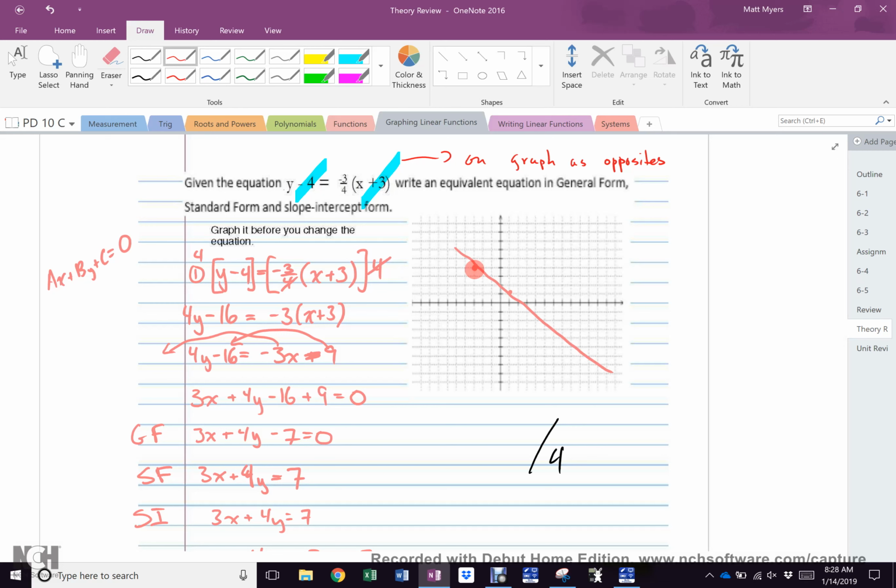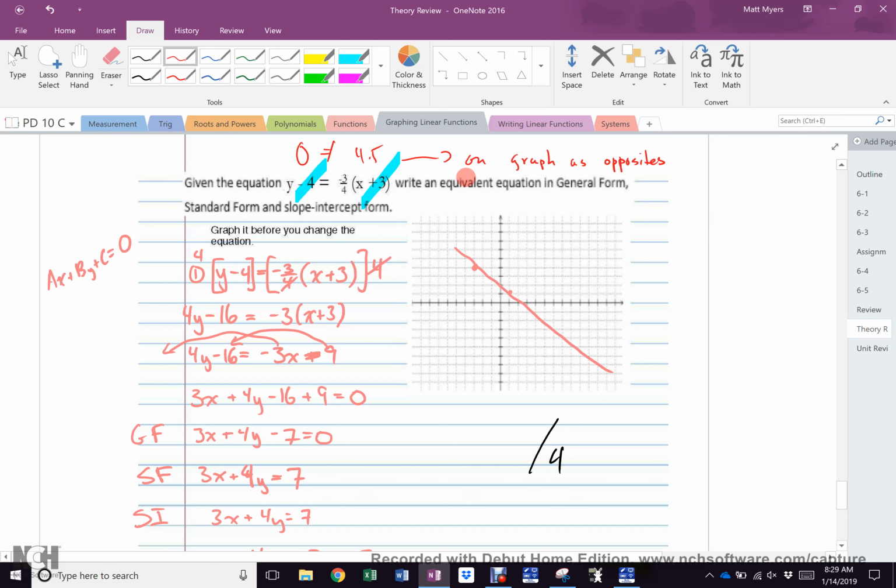And if you cannot remember this, and you say to yourself, x plus 3, it must be 3, 4, just try that in the equation. 3 plus 3 is 6, times 3/4 is 4.5. 4 minus 4 is 0. 0 does not equal 6, 18 over 4, 4.5. So it can't be 3 and 4.